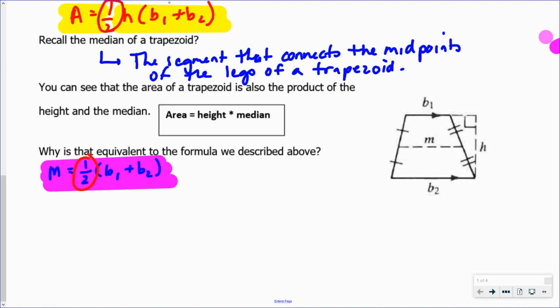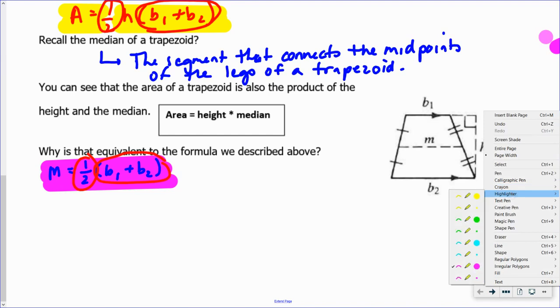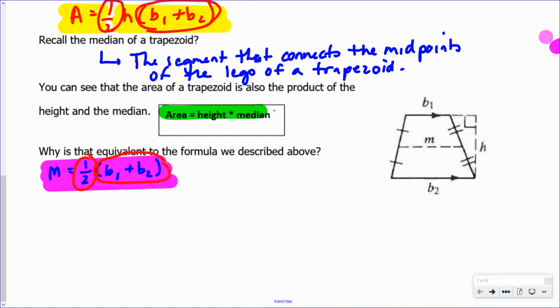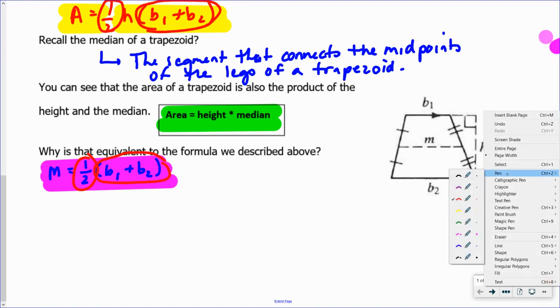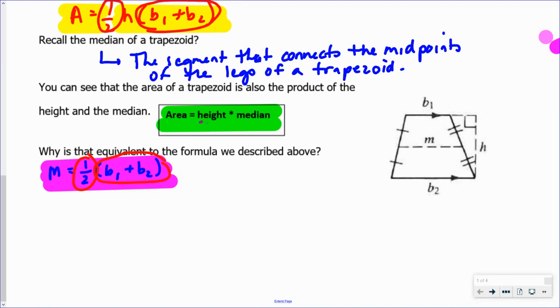And then we've got this B1 plus B2, and we have this B1 plus B2. And the only thing that remains is the height. So again, I'm grabbing a highlighter. Here's the new formula we're looking at. And if you look, the height is right here, underlined in purple in both.